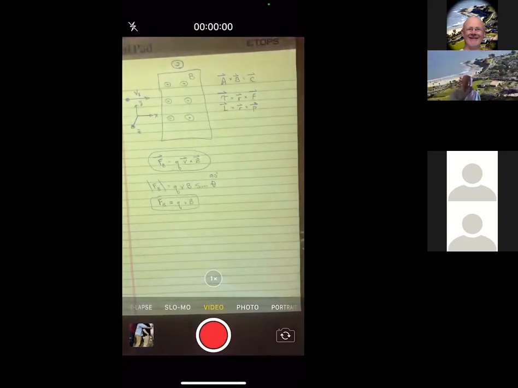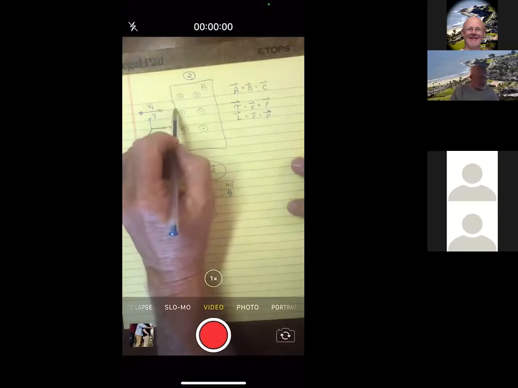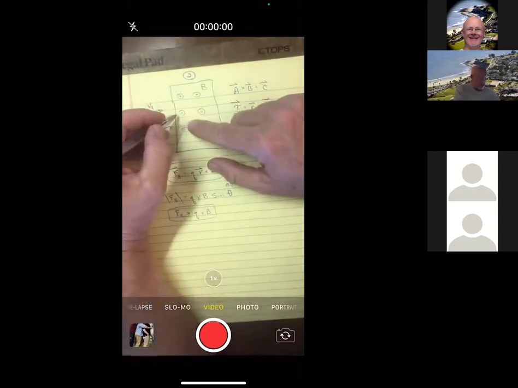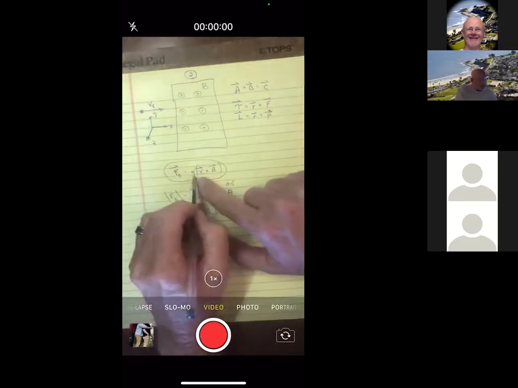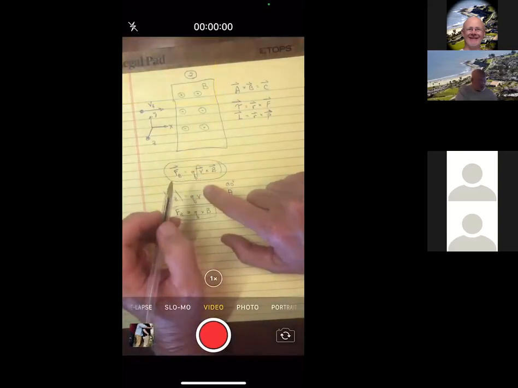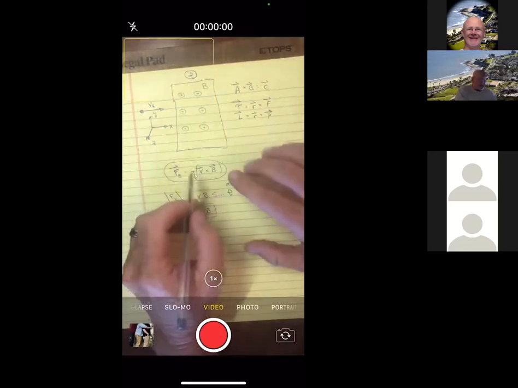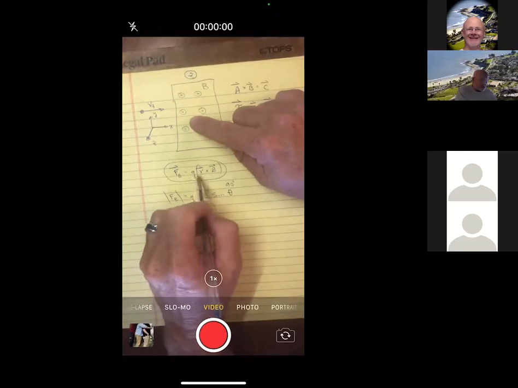So as this particle enters, V cross B would be down. Now, that's not necessarily the direction of F, because remember, when you multiply by Q, Q can be either positive or negative. So V cross B is down. If I multiply that by a positive charge, it's still down.